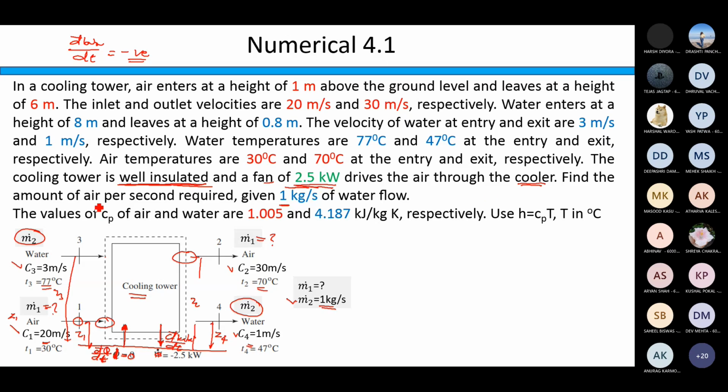Now find the amount of air per second required, means mass flow rate m dot 1. So very simple numerical actually. This is based on the last slide itself. What you have done in the last slide, you have written the energy balance and mass balance, right? So use these two equations and you will be in a position to solve it.